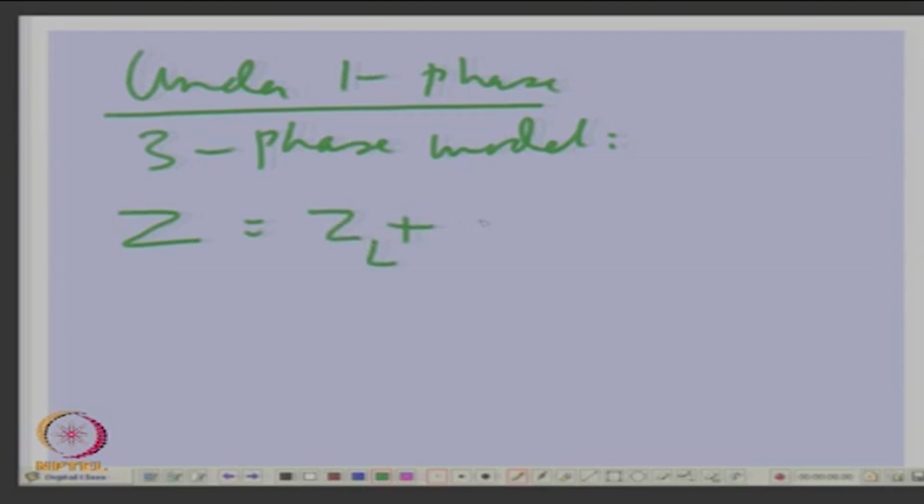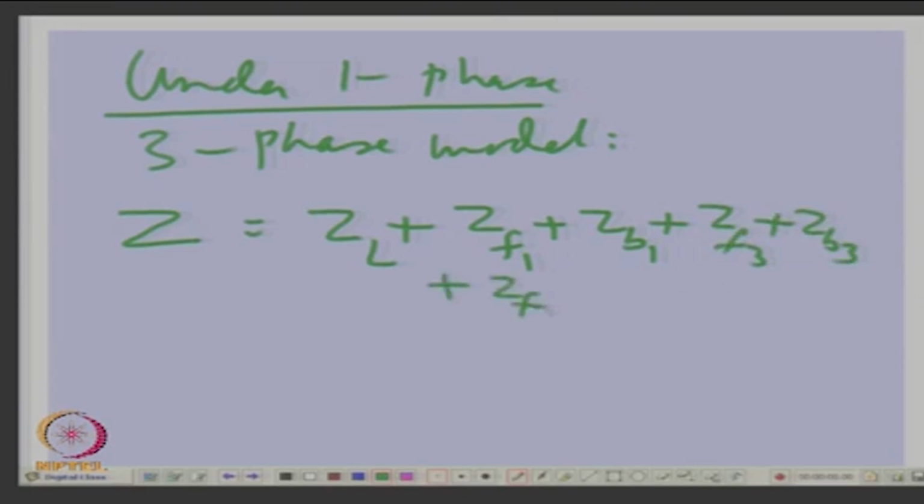It is 1/3 of Z1, that will be ZF1 plus ZB1, and ZF3 plus ZB3 plus ZF7 plus ZB7, because it will be (Z1 + Z2 + Z0)/3, is it not? Anyway, ZL is there in all the 3, so that will be ZL only. You have the notes in front of you, so this is how it will go.